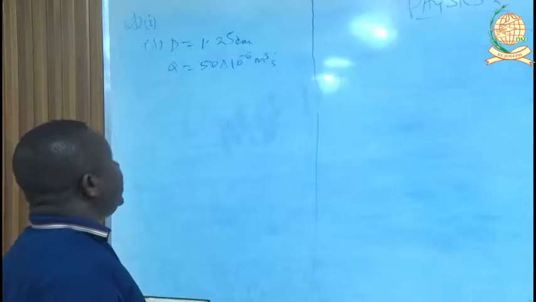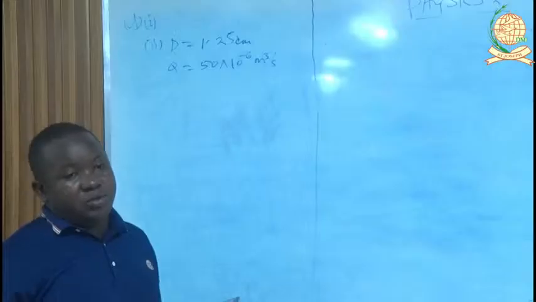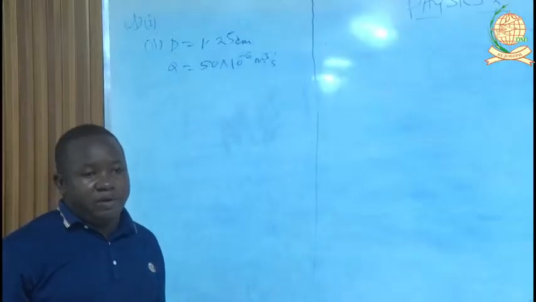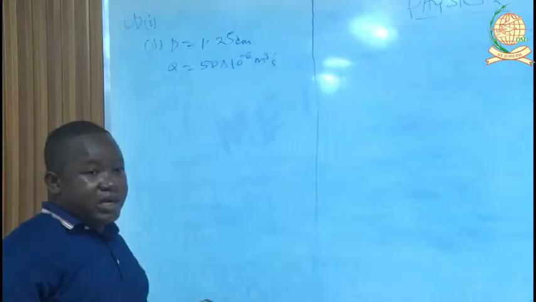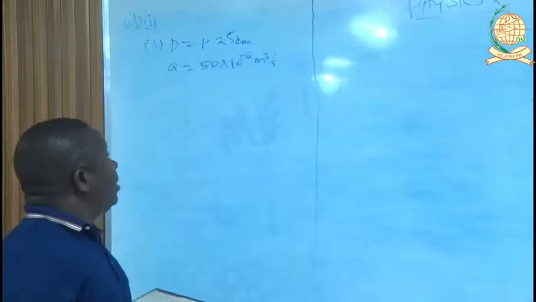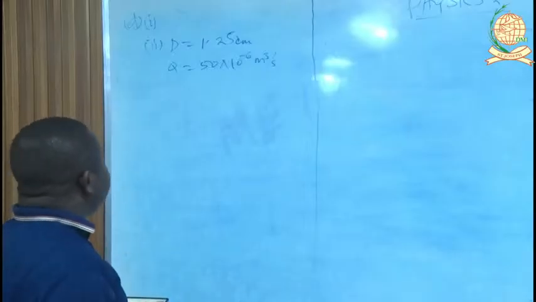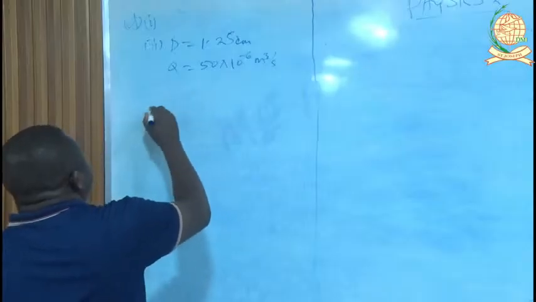First of all, as I said, the significance of Reynolds number is to characterize the nature of flow by considering whether the Reynolds number is less than 3,000 or above 3,000.